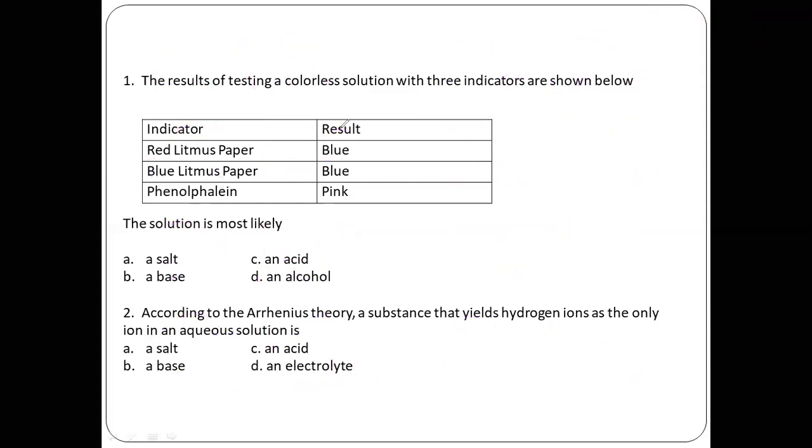Okay, so now going through the multiple choice, these go back to stuff from page 1. If red litmus paper turns blue, that means it's a base. If blue litmus paper stays blue, it means it's either a base or neutral, so I'm not going to use that. Phenolphthalein turning pink is a base. According to the Arrhenius theory, a substance that yields hydrogen ions is an acid.